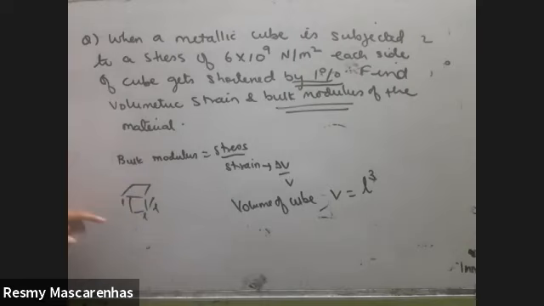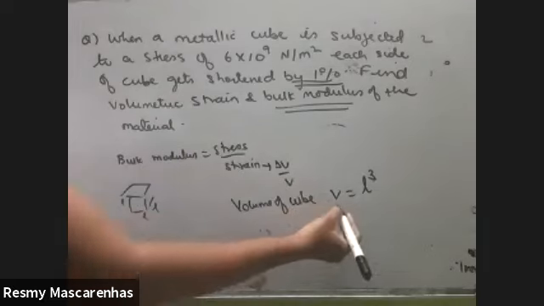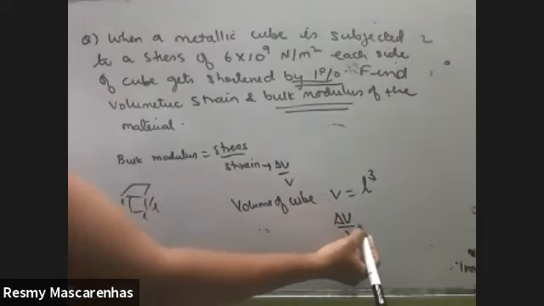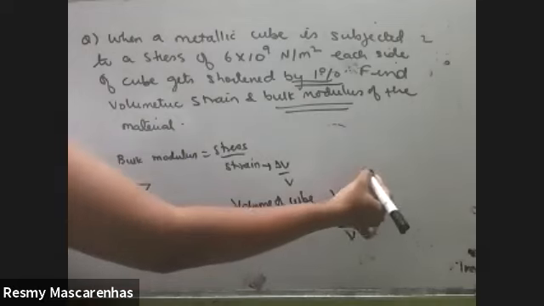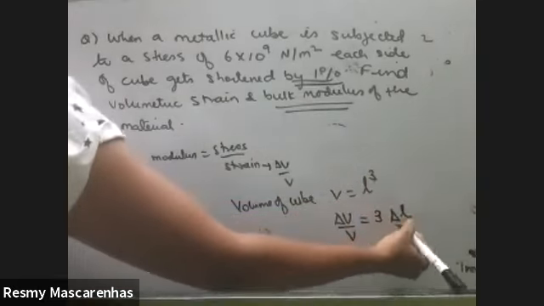Now we have to deal with the percentage, the same way we did for error. So this will be delta V upon V. Whenever there is a cube, the power always becomes the coefficient. So this will be 3 delta L upon L.